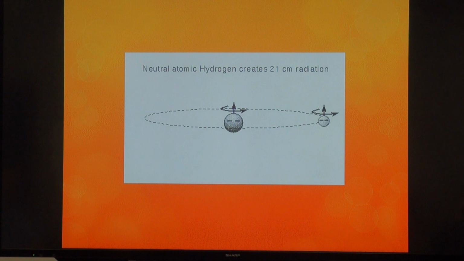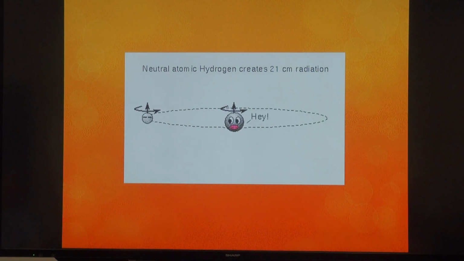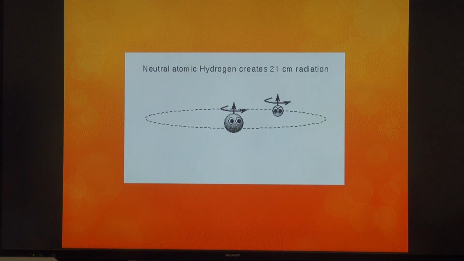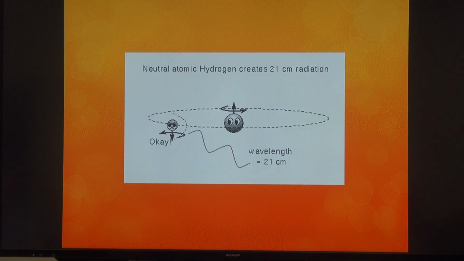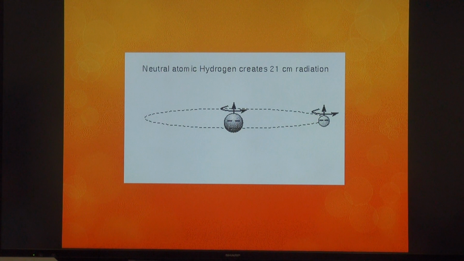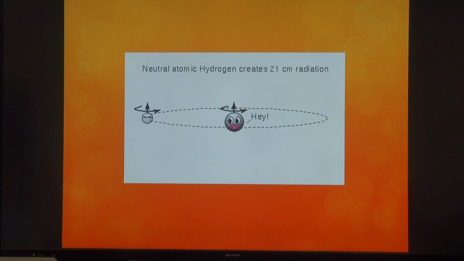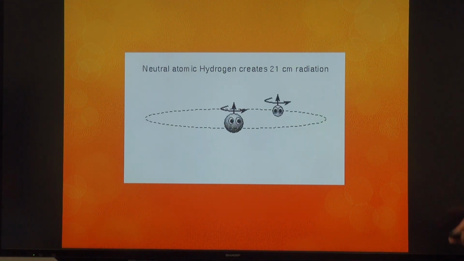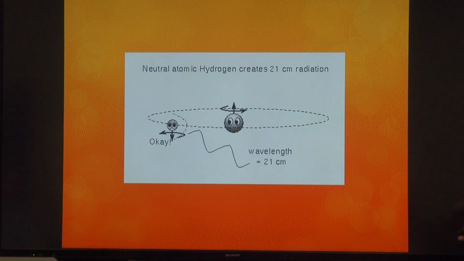Okay? Now, let's see if this is going to work. It's supposed to. Okay. This shows you why hydrogen has a 21 centimeter or 1420.4 frequency. As the electron goes around the nucleus, it goes at a certain speed and it changes state as it's going around.